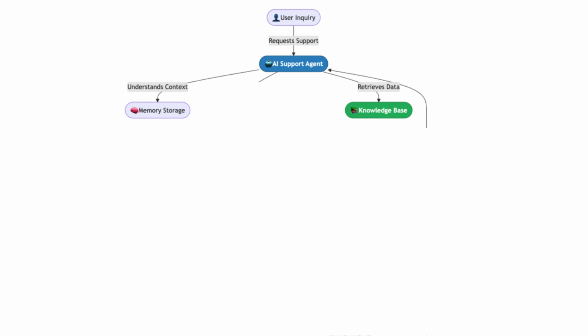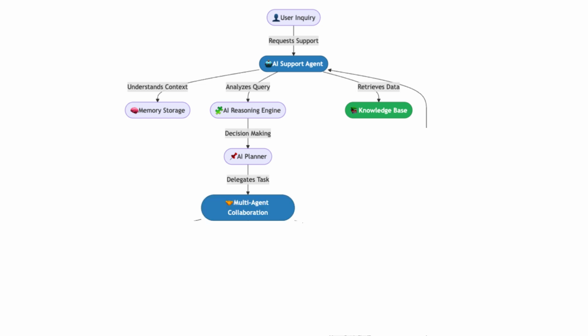All this information goes to the reasoning engine, which tries to understand the context, and goes to the AI planner to schedule some task or delegate it to multi-agent collaboration. One could be a RAG architecture where it gets real-time data from the vectorized DB.